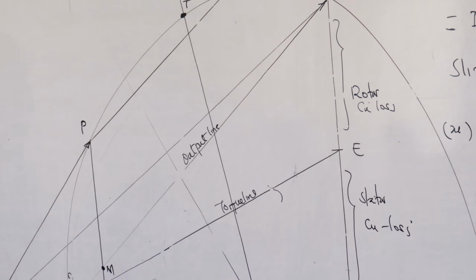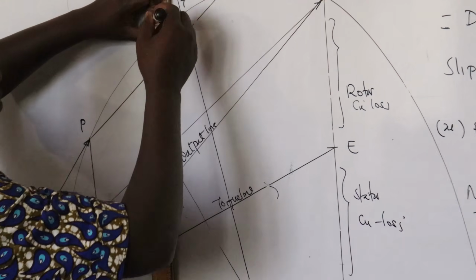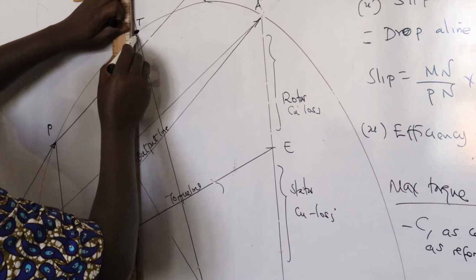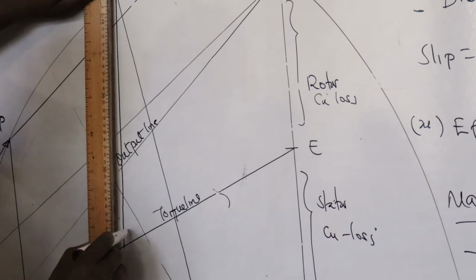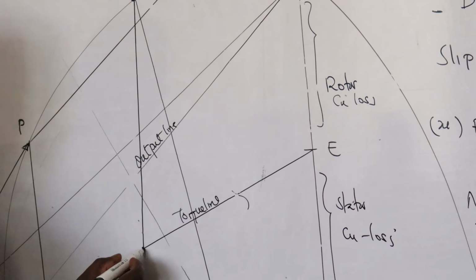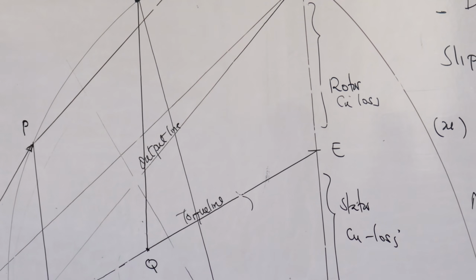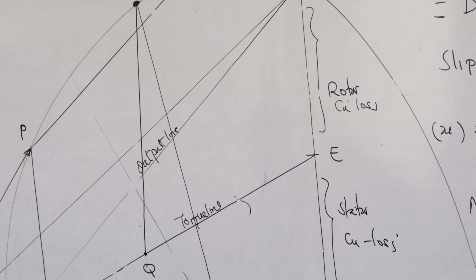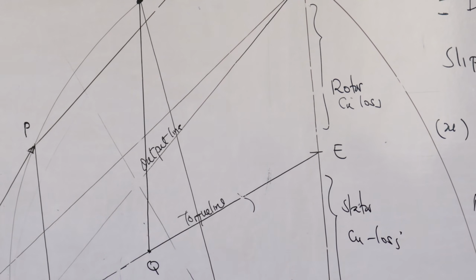At T, drop a line from T back to torque line perpendicularly. Mark it Q. You are marking that here outside the circle.